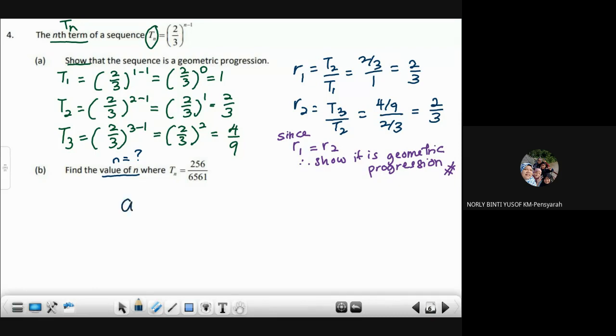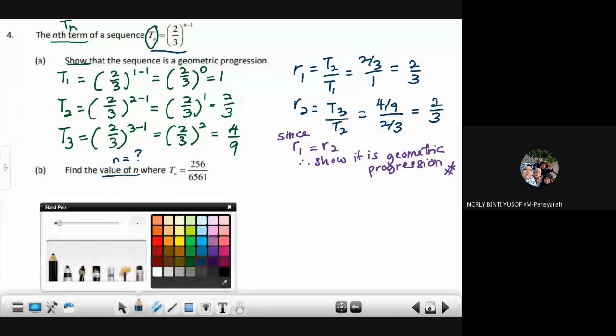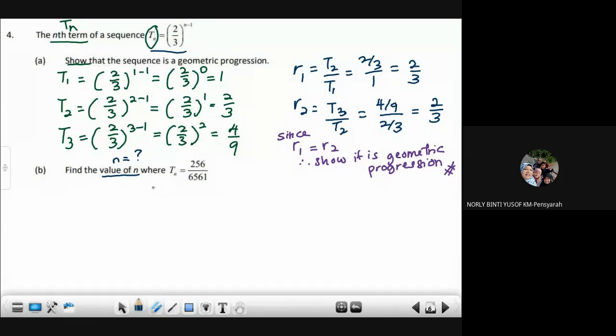Jangan guna AR power of n minus 1 because it's already given in the question the formula for Tn term. So tulis inilah Tn sama dengan 256 over 6561. So Tn terms you adalah 2/3 power of n tolak 1.